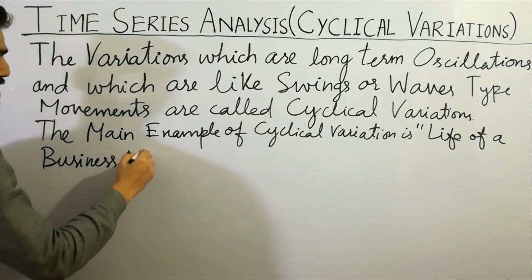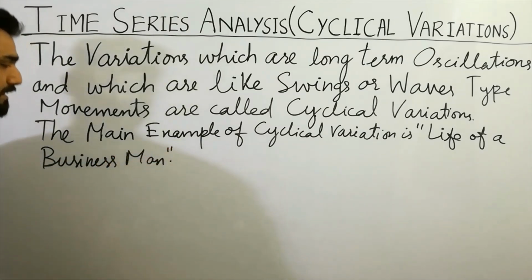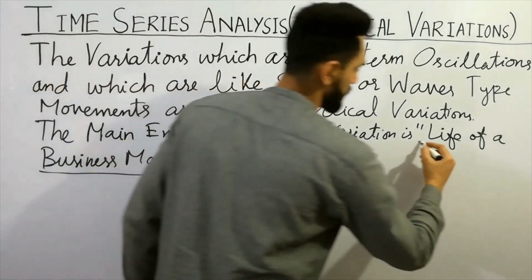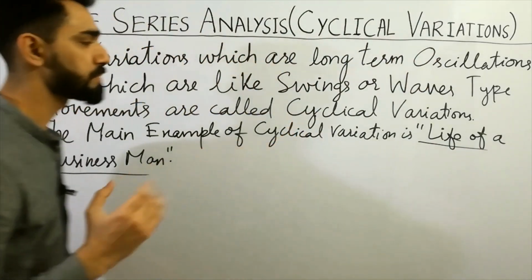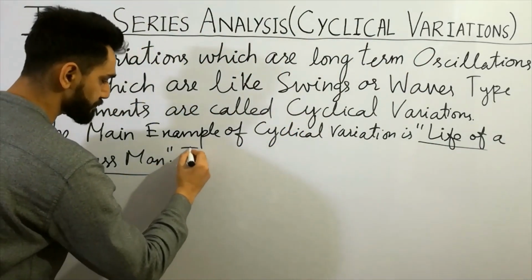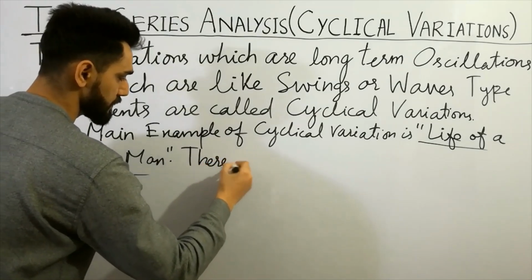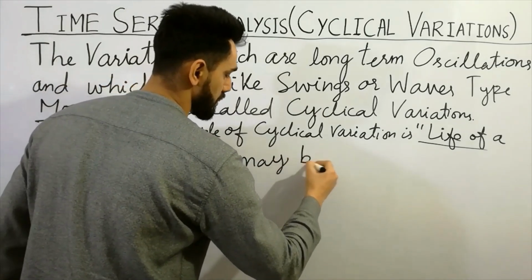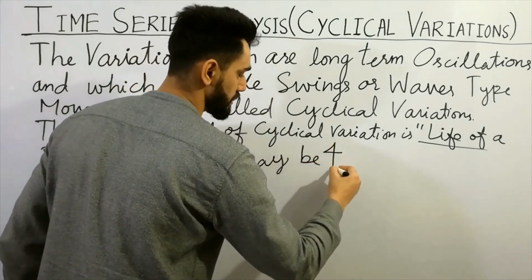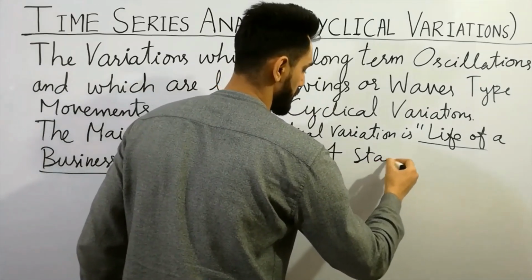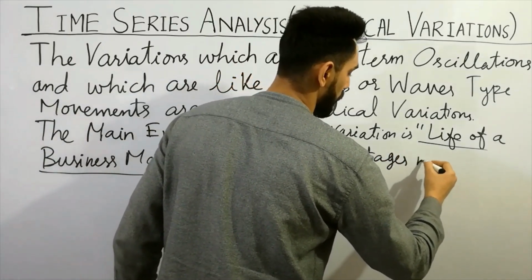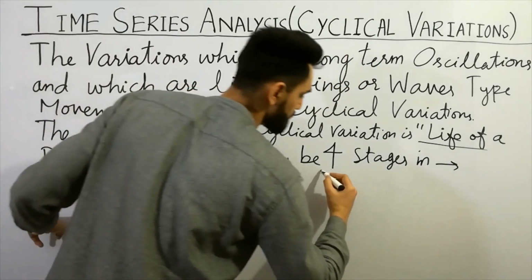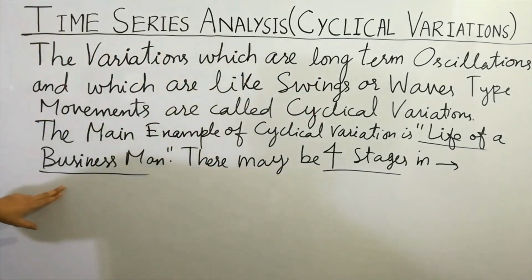The life of a businessman is called cyclical variations. Must remember, there may be 4 stages in the life of a businessman.